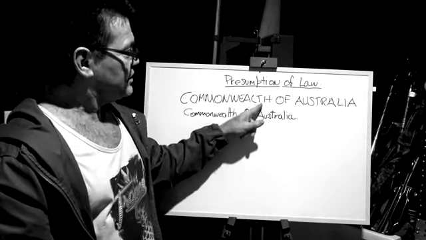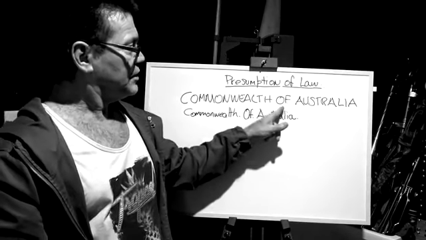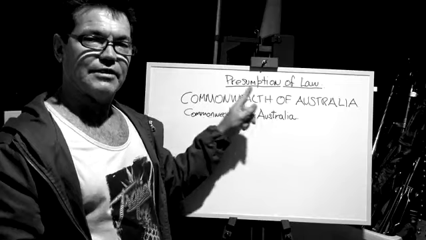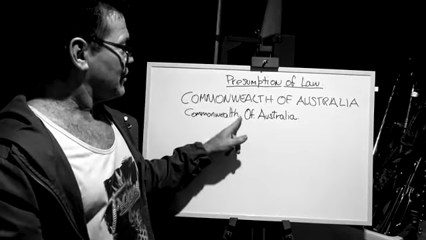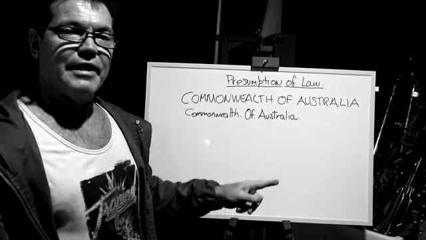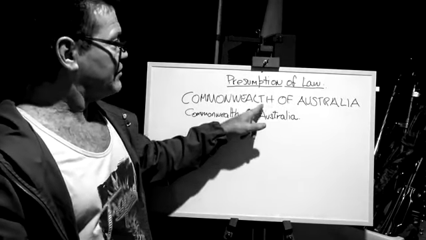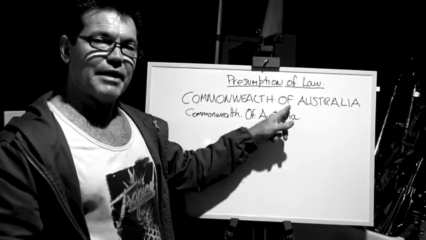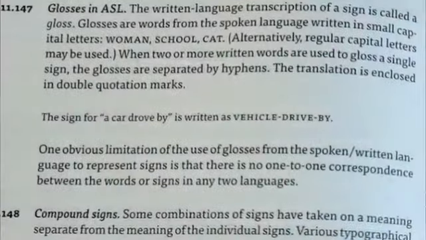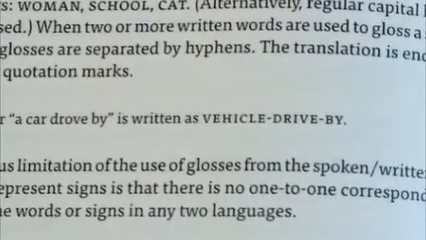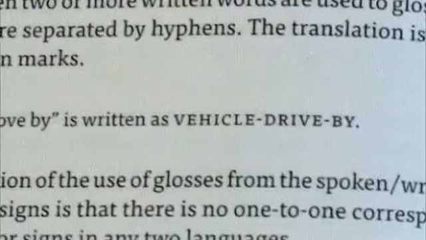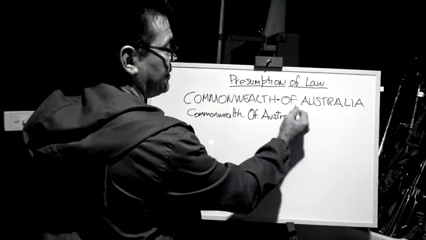So that's what caused this to be a presumption, because in fact it does not read Commonwealth of Australia. It reads Commonwealth and of and Australia. Now, in order to bring this type of text factually and make it read Commonwealth of Australia, according to Article 11.147 of the Chicago Manual of Style that deals in ASL or American Sign Language, we have to hyphenate.